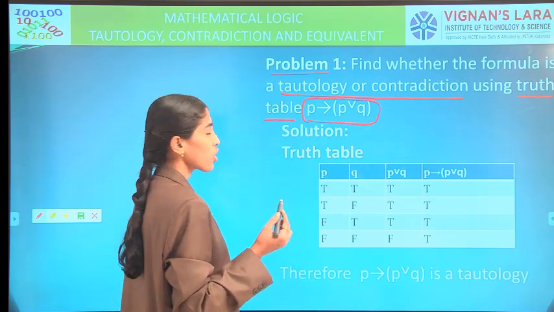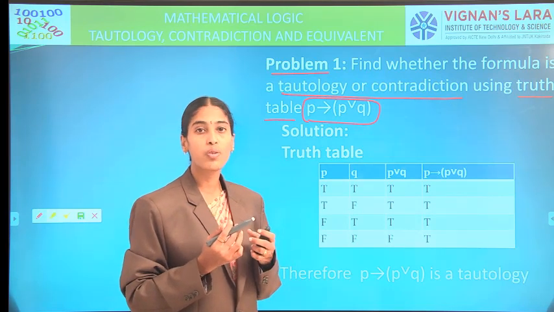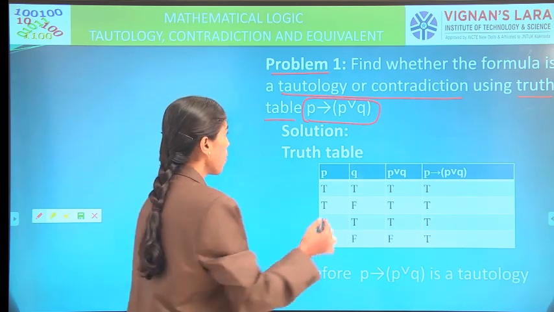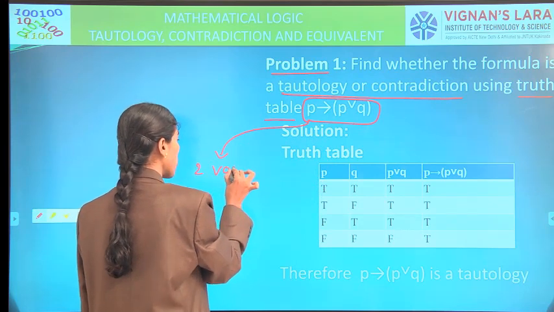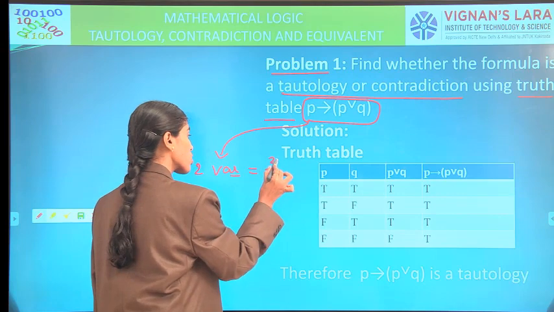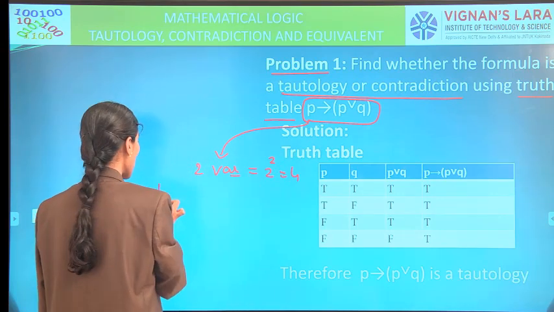Right. Whenever we construct a truth table, first we need to check how many variables are involved in the given proposition. Because the given proposition involves two variables, there are 2 squared, 4 possibilities. What are the variables involved here?